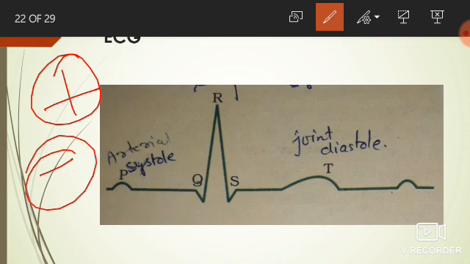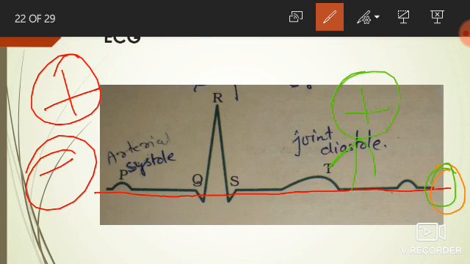If we consider this straight line as zero, the waves above this line are considered as positive waves and the ones below this line are named as negative waves.